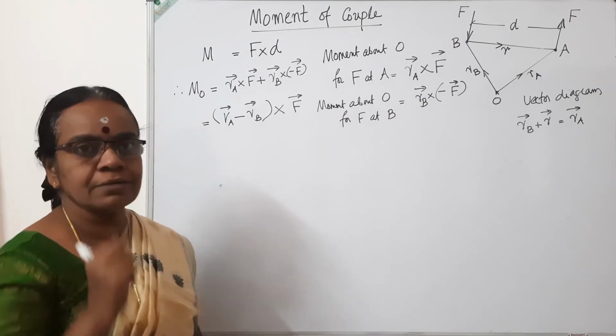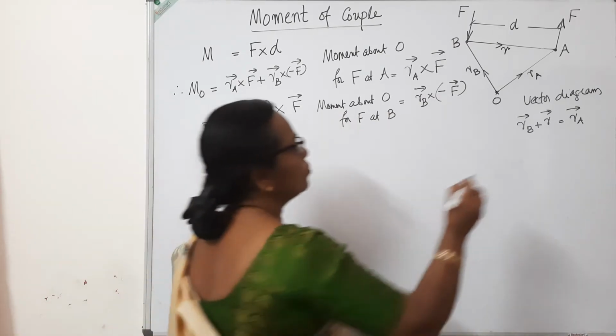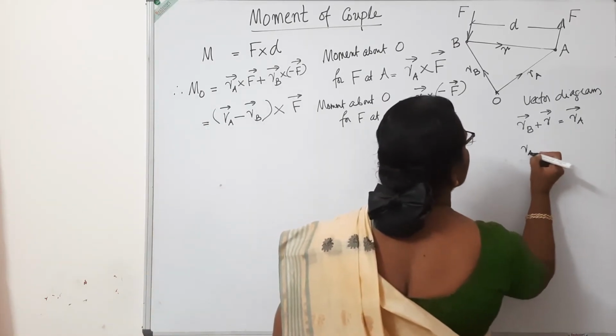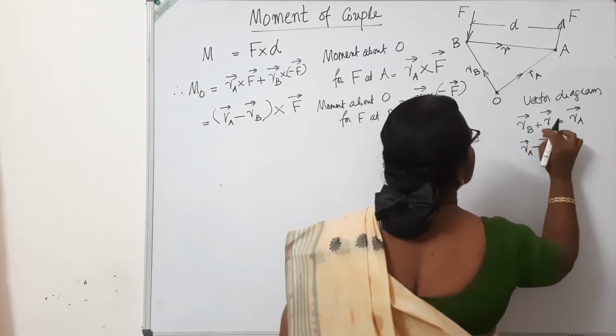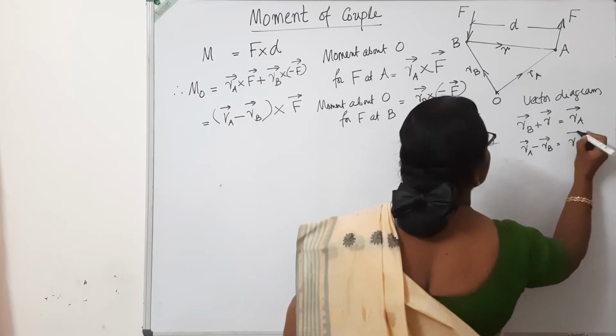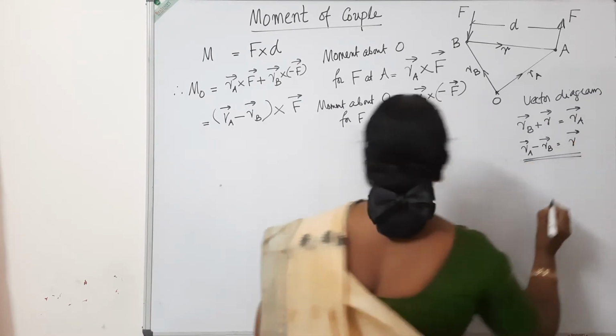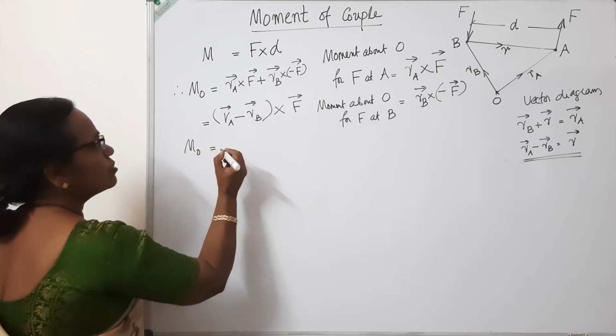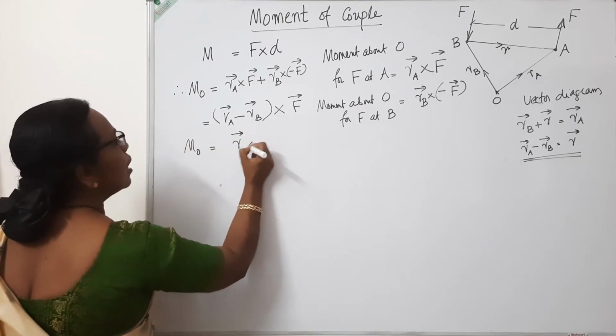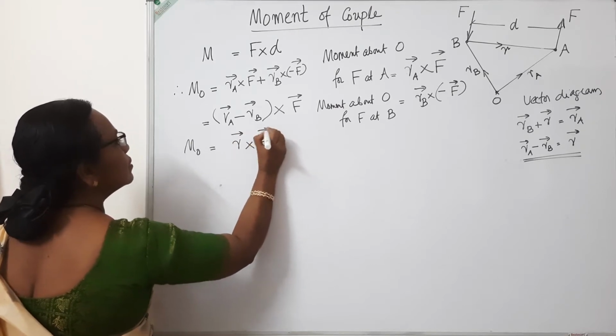Therefore, what is RA minus RB? RA minus RB is equal to R. So here, instead of RA minus RB, I can write the moment about O of this couple is equal to R cross F.